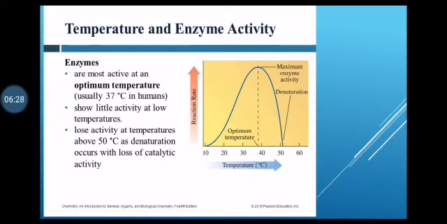There is a loss of activity at temperatures above 50 degrees centigrade. As you can see in the graph, the enzymatic activity is decreasing, the rate of reaction is decreasing, and at 50 or 51 degrees centigrade the denaturation of the enzyme occurs and there is loss of catalytic activity.